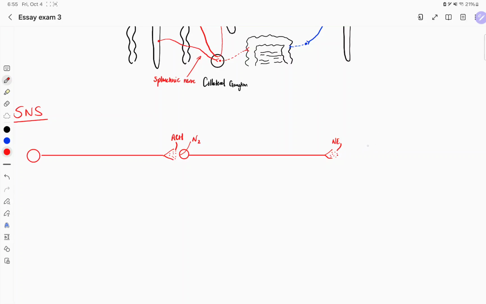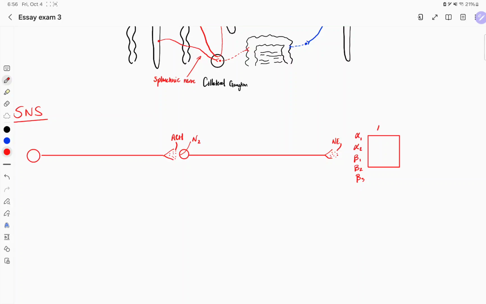And those neurotransmitters will be released onto an effector target that has a number of different receptors that will respond to norepinephrine. So they could have alpha-1 receptors, alpha-2 receptors, beta-1 receptors, beta-2 receptors, or beta-3 receptors. Those are receptor types that will respond to norepinephrine. And we'll talk about receptor types a little bit more in a second.